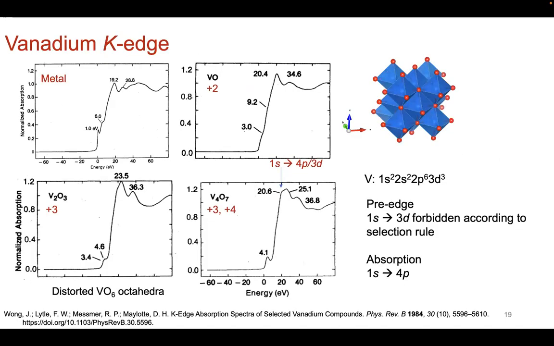So what's really wonderful about this particular study is that you can track the oxidation state as a function of the absorption energy that's shifting, that's increasing, and you can also track the local coordination. So if you look very carefully, and I'll walk you through this, at vanadium metal, which is 0 valent, to then vanadium oxide, VO, they're all vanadium oxide.